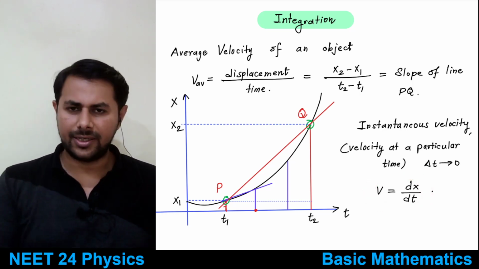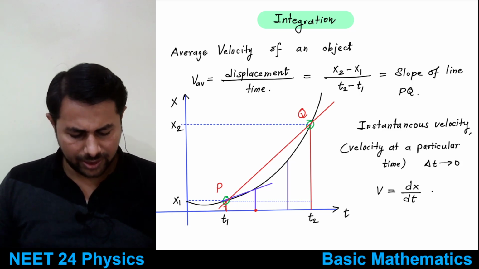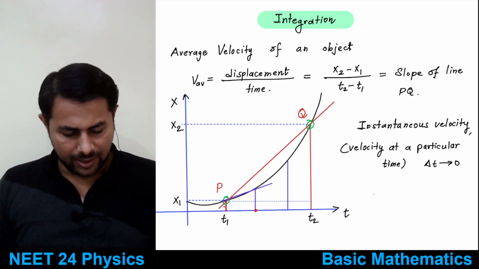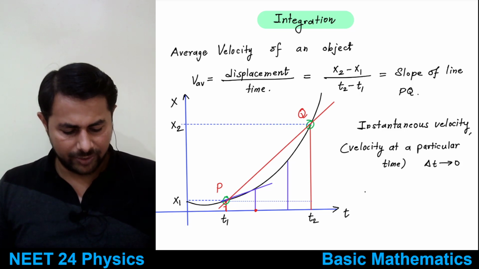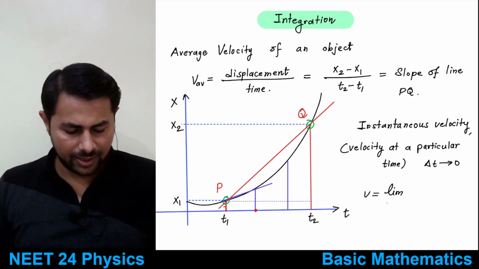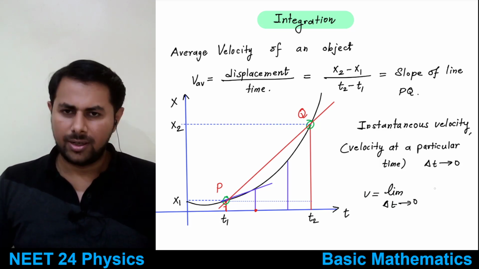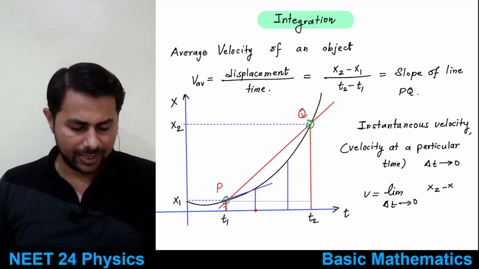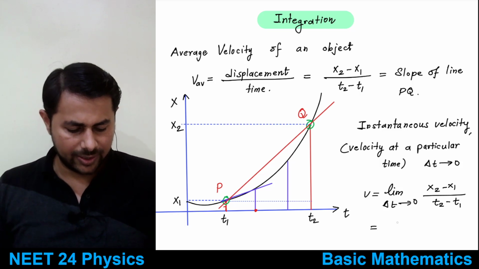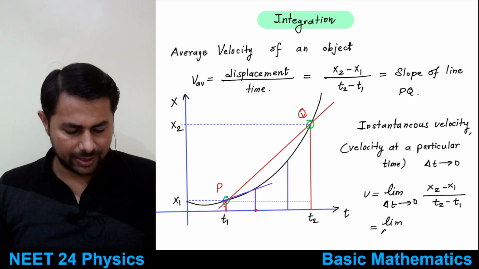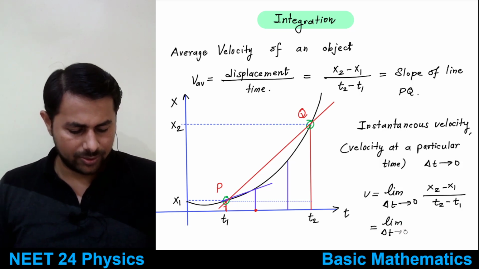If delta t tends to 0, then I can say that instantaneous velocity, I will call it v, is the limit as delta t tends to 0 of change in x, x2 minus x1 by t2 minus t1, or you can say it's equal to the limit as delta t tends to 0 of delta x by delta t.